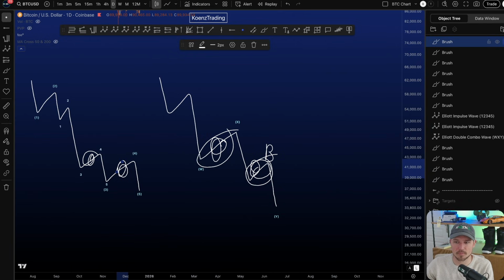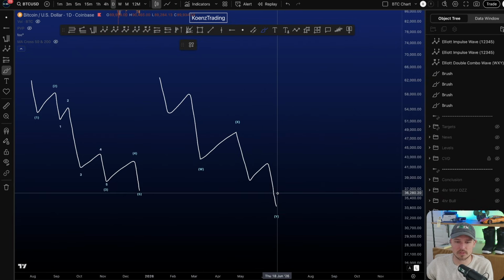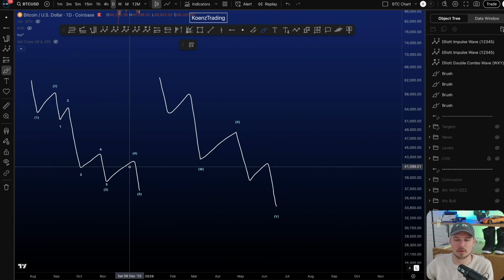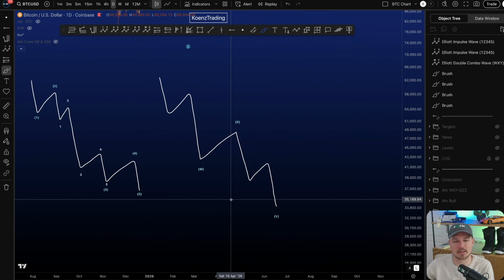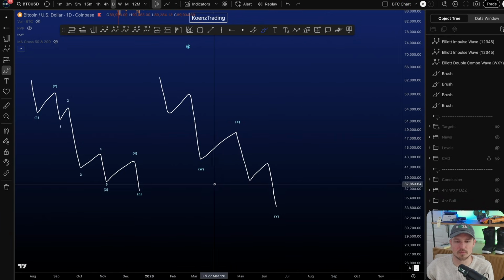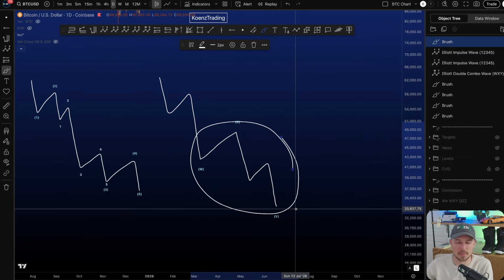So now we basically understand the differences between a WXY and an impulse. A WXY double zigzag can look like an impulse, especially if the C of the W is a bit extended, a bit long, high volume. It mimics wave 3, but then this is where the differences start.